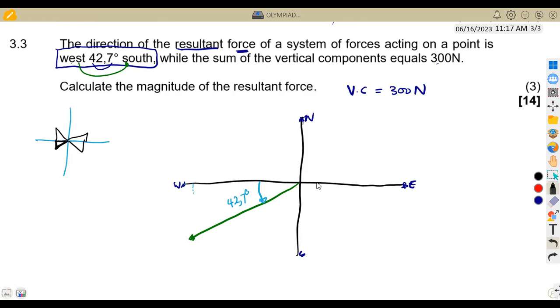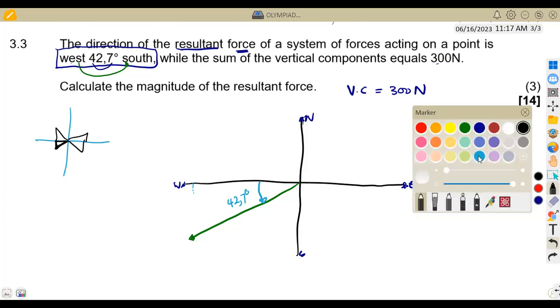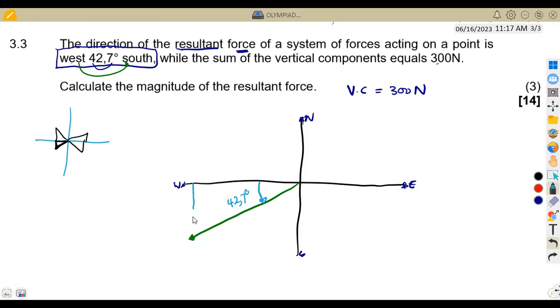We join from this point. On your triangle, this is the horizontal component and this is the vertical component. So what are we given here? We are given the vertical component. This part is the one that we are given as 300 Newton.